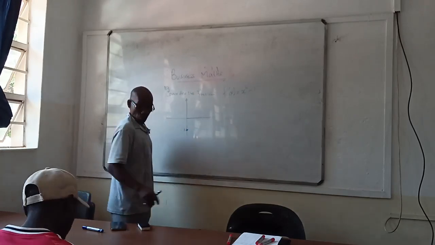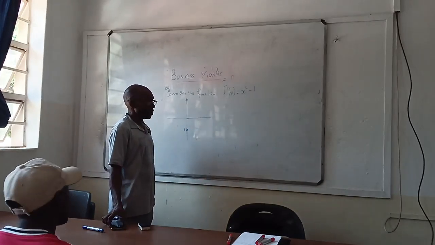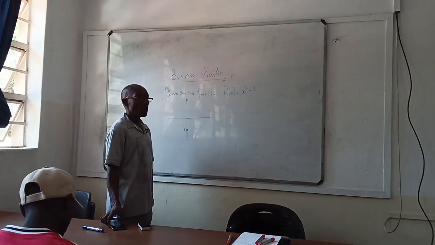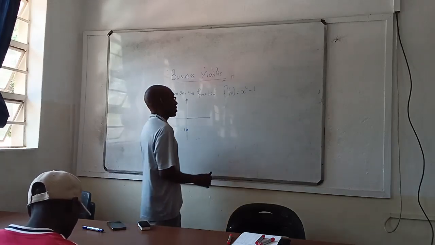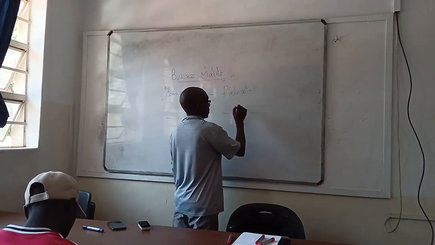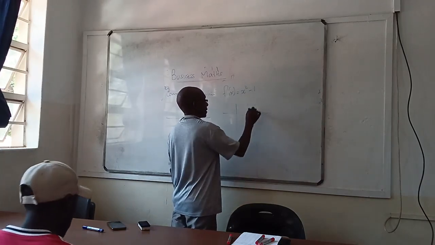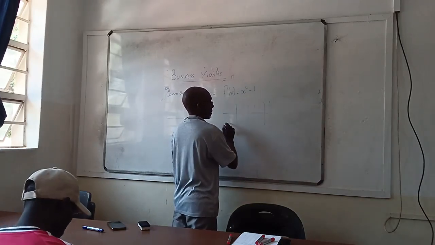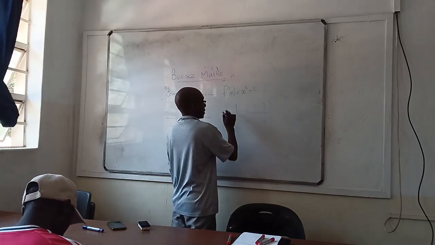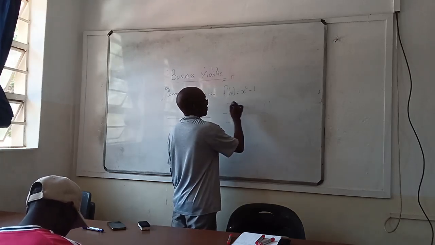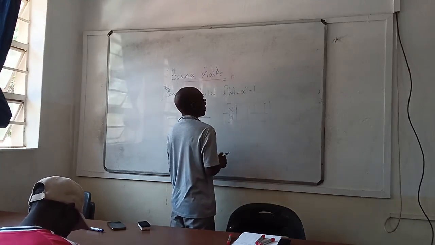That's why, if you want to know where it's going to cut there and there, you have to use a table of values. So you can draw a table of values. X, Y. This is the function.